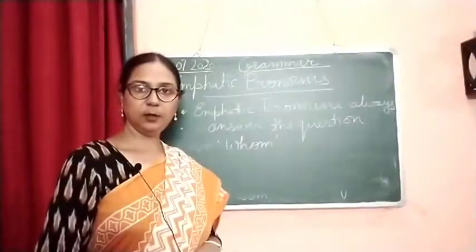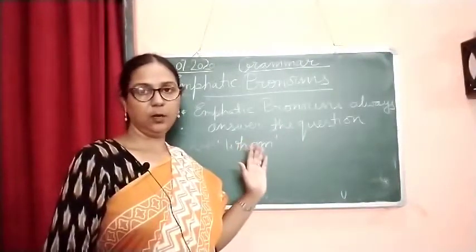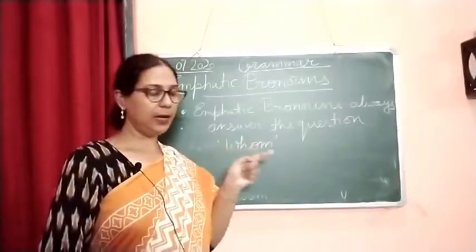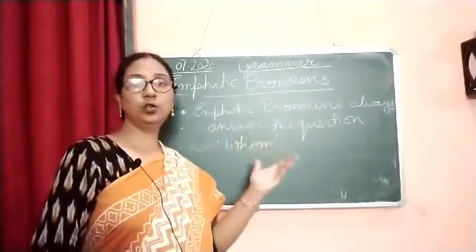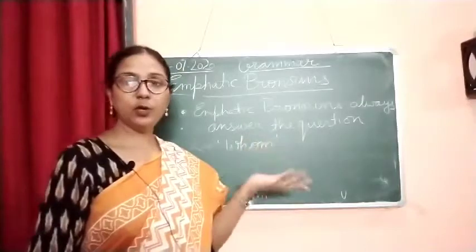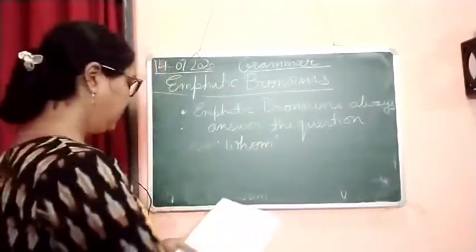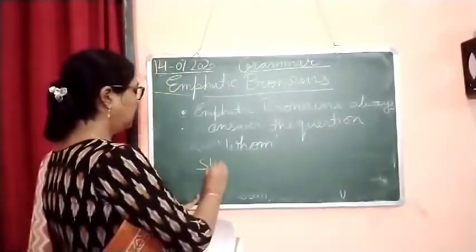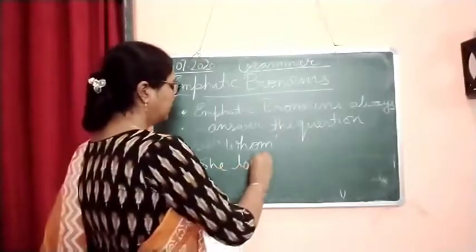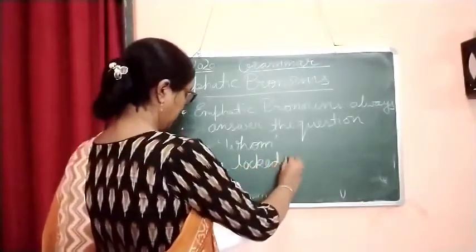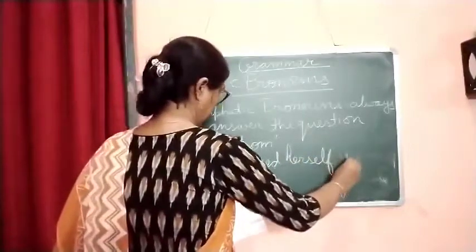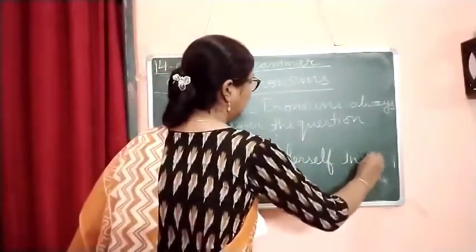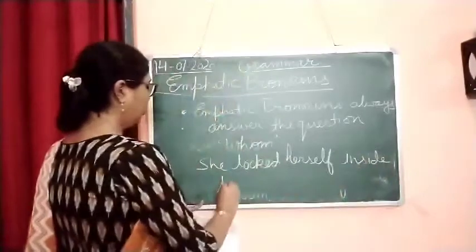Third point of emphatic pronoun, we should always keep in our mind that emphatic pronouns always answer the question whom. I am going to give you example. She locked herself inside the room.